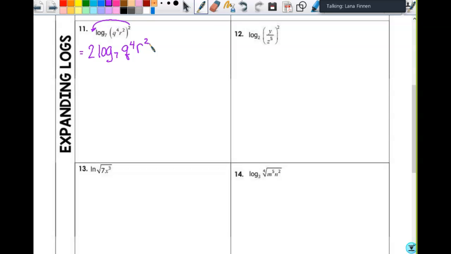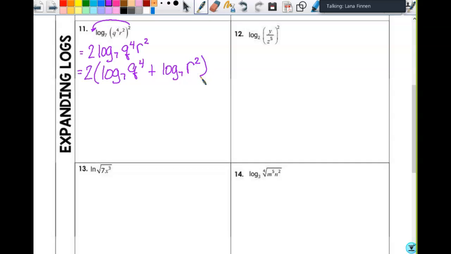Now, when I split the q and the r, because it is the product property, I have to pay attention to the fact that I have this 2 out front and I need parentheses. This is going to be 2 times, and then when I split this up, these 2 logs have to be in this parentheses, so this will be log base 7 of q to the 4th plus log base 7 of r squared.